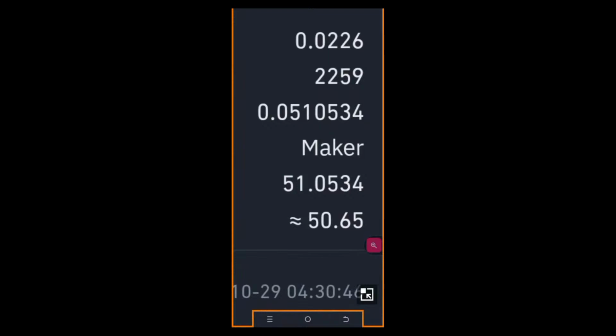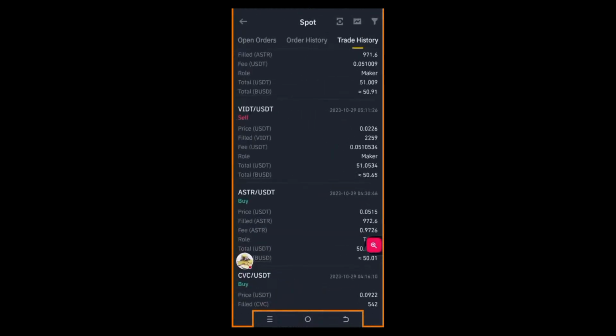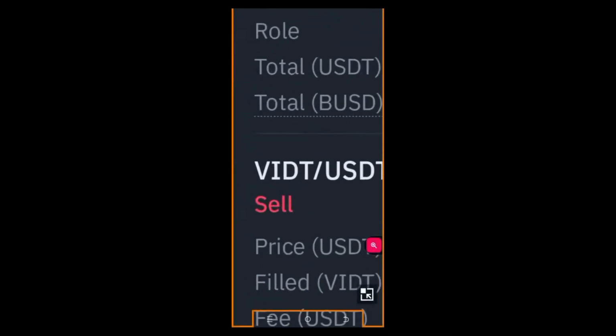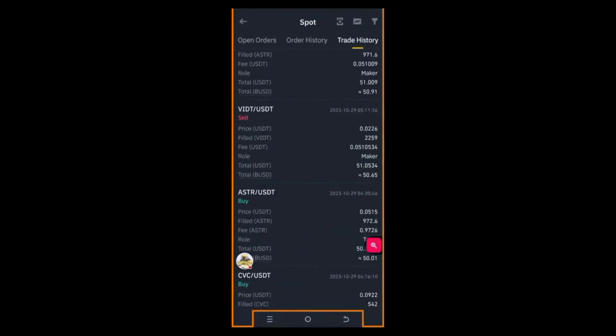That's glorious. Now removing the fees, that's about 105 minus 5 cents. That means we made $1, which is beautiful. That's 2%. Our 2% target was met and crushed, and we executed beautifully. That's VIDT USDT. Beautiful.